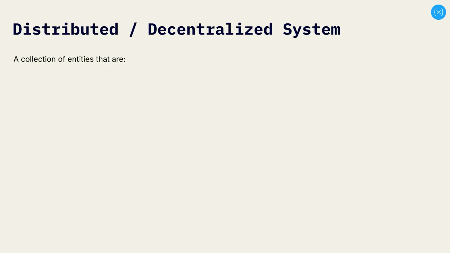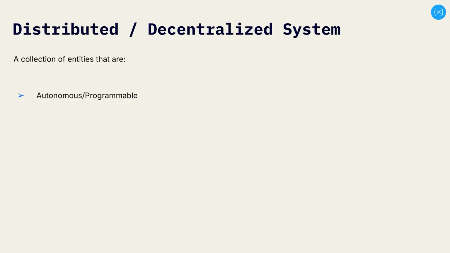We often hear discussions about or mentions of distributed and decentralized systems. So let's start with a definition. What are these systems? So in essence, the way to think about it, it is a collection of entities, usually servers, that are first and foremost autonomous.